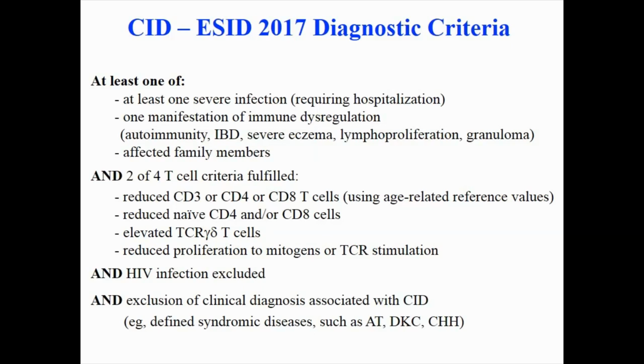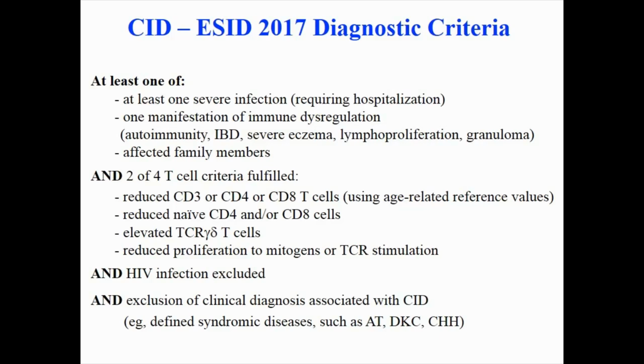So even 2,000 in a baby would be reduced. And it doesn't say necessarily total T cells. You may have a deficiency only in one of these subsets, and that's already good enough. Reduced naive. So these are the T cells that are just introduced by the thymus, and there are markers to define them, CD4 and or CD8. Most of the T cells express a receptor on the cell surface that recognizes antigens, pathogens, whatever.